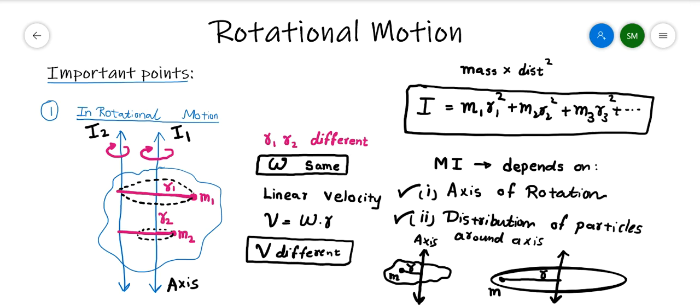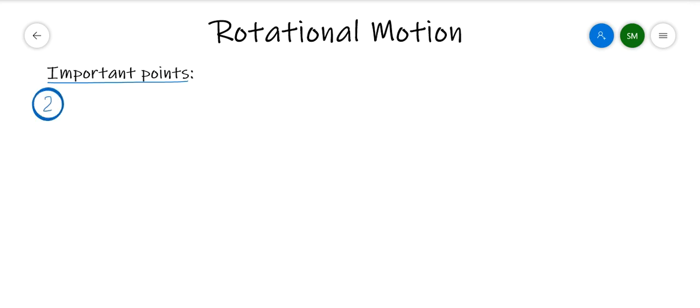Let's proceed to the next point. Okay, second point. Now let's start. As you already know, apart from rotational motion, there is one more type of motion which is known as translational motion. Translational motion and rotational motion are different from each other, but there is also some similarity between them.